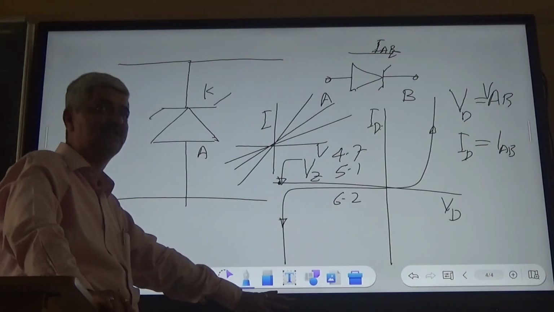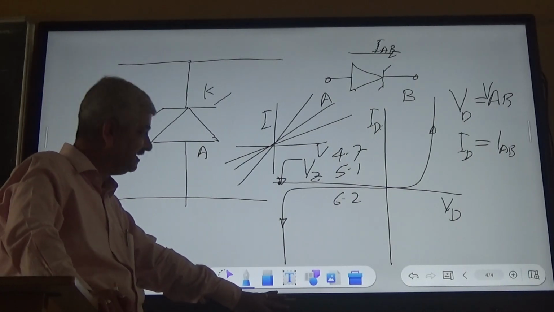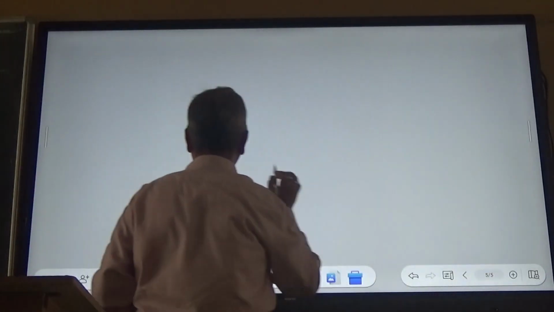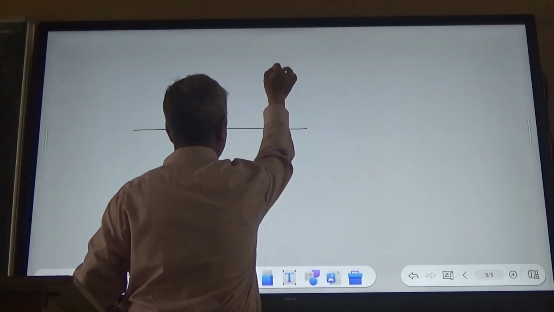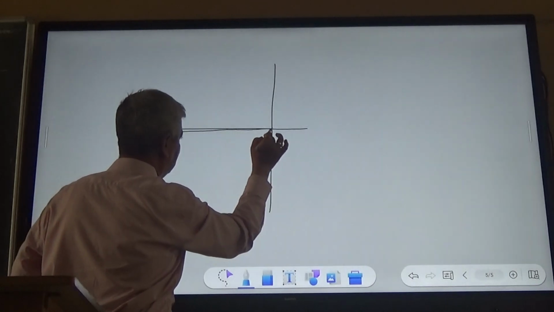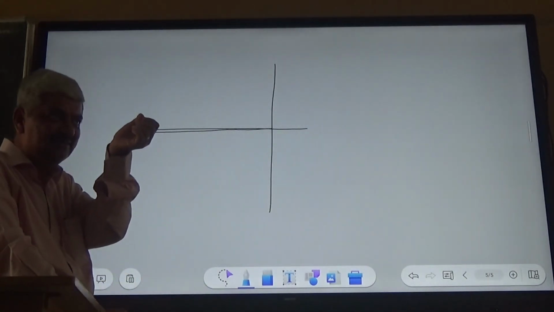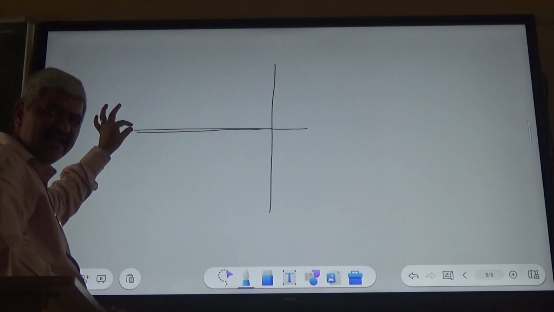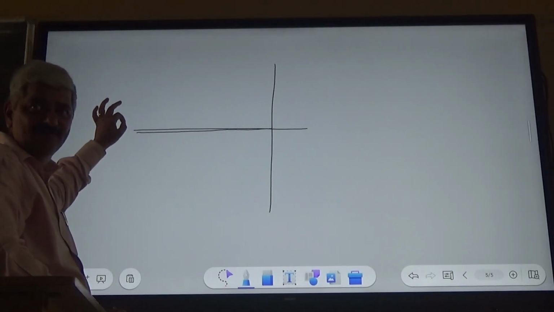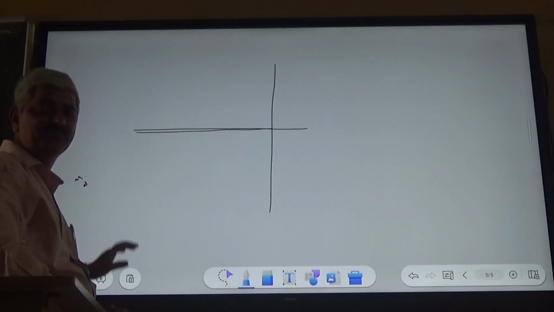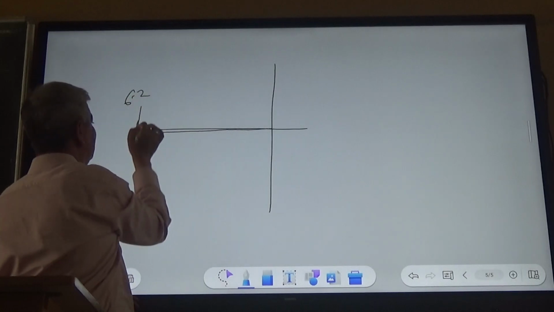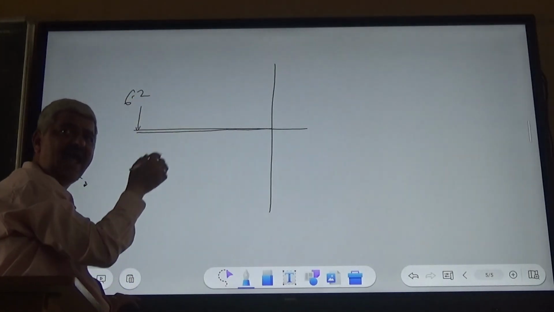So the VI characteristic is so interesting that it is very much horizontal, not to scale, but as good as horizontal up to 6.2, or whatever the rating is.